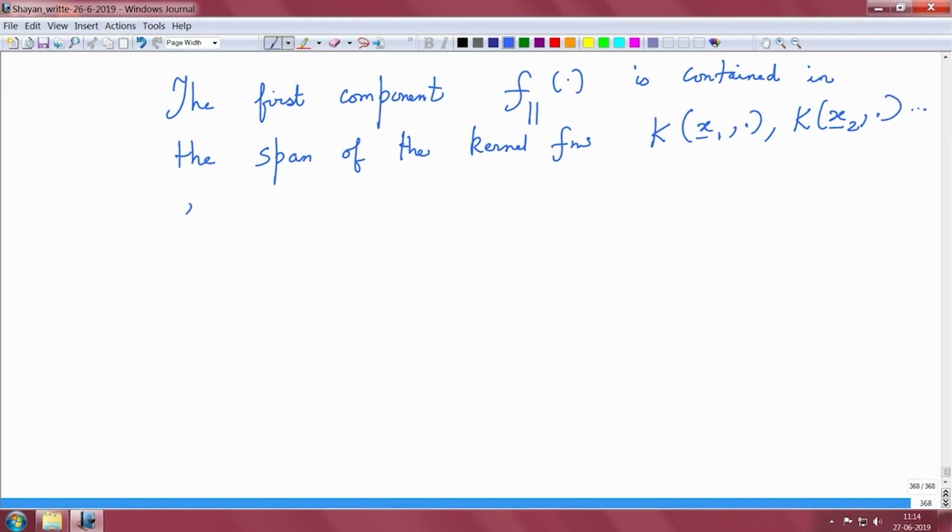So, I can write f parallel acting on some data vector as the summation i equals 1 to L of ai, the kernel acting on xi and that data vector x. Let me call this equation 1.